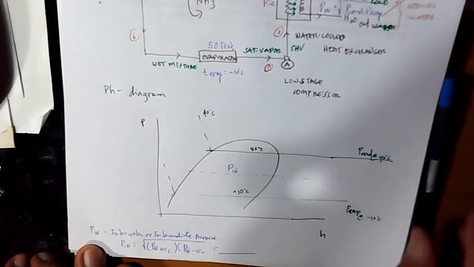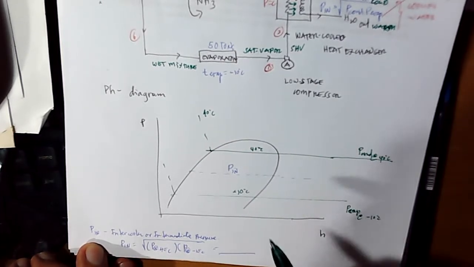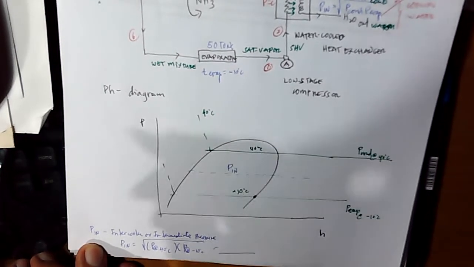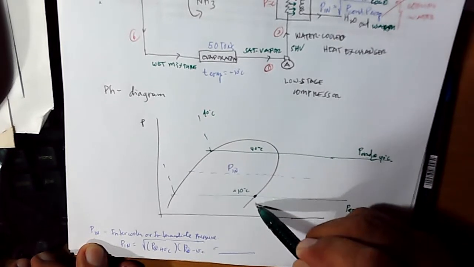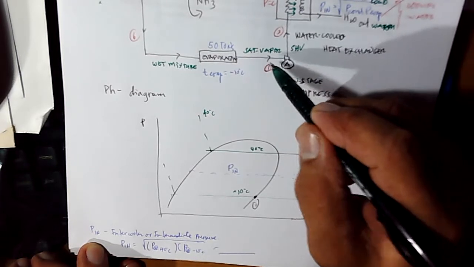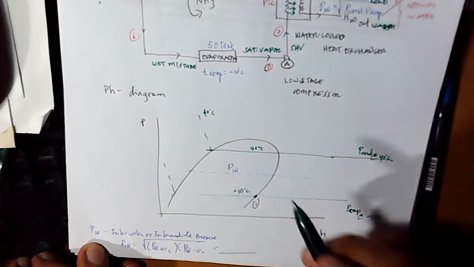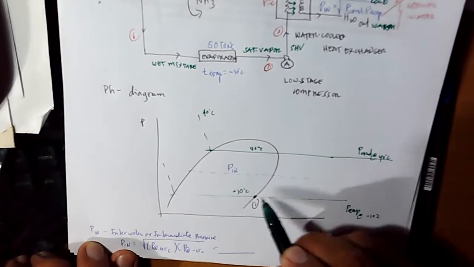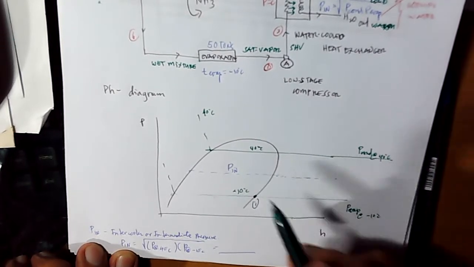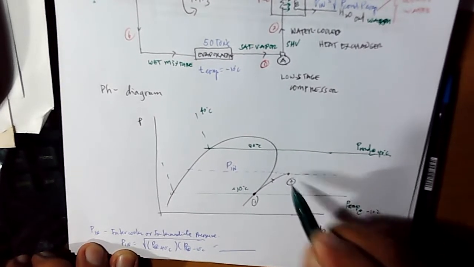So at point 1, you consider this as your point 1 because upon entering your compressor A, it is saturated vapor. You compress it by isentropic process until it crosses this line, the corresponding intermediate pressure. Okay, so this will be your point 2.